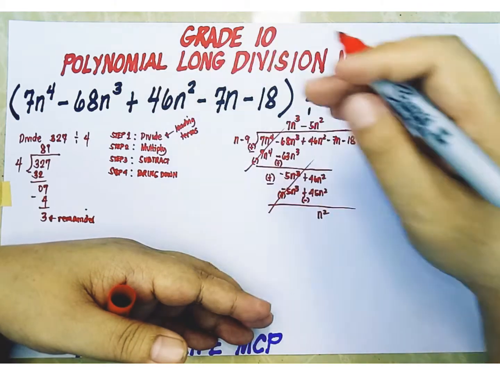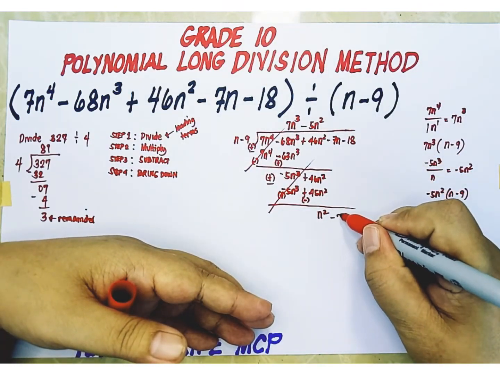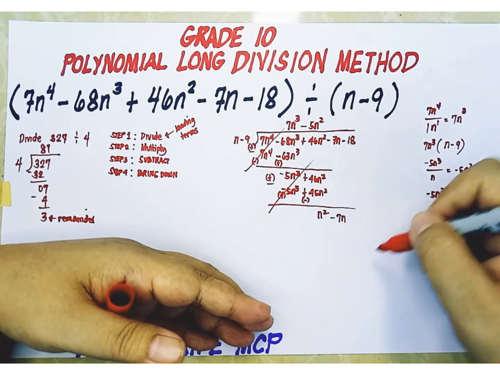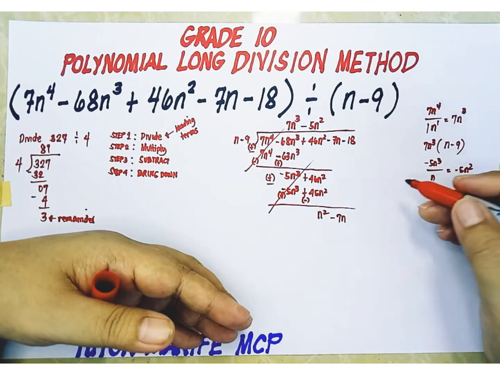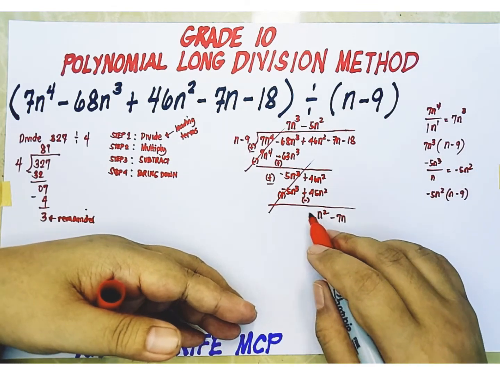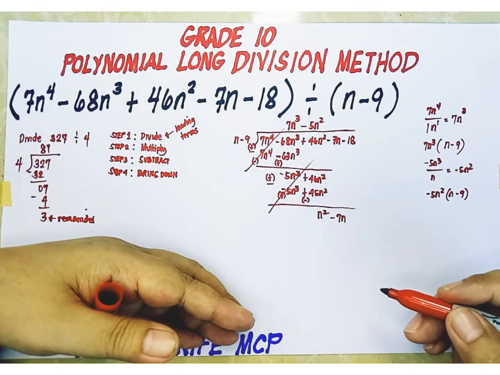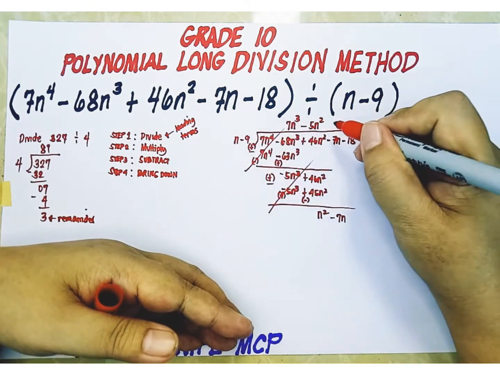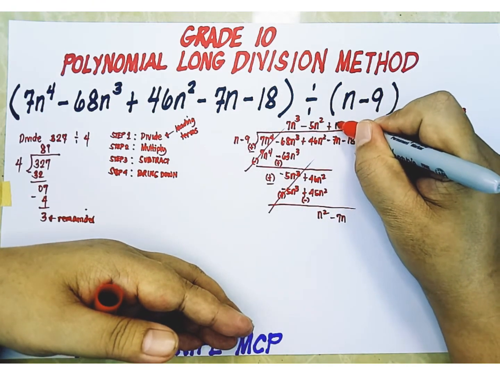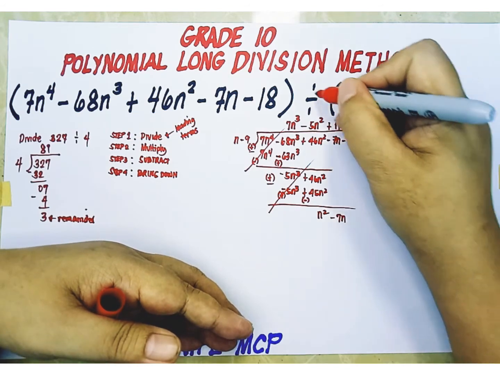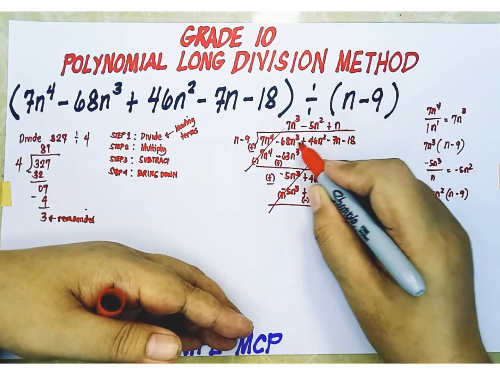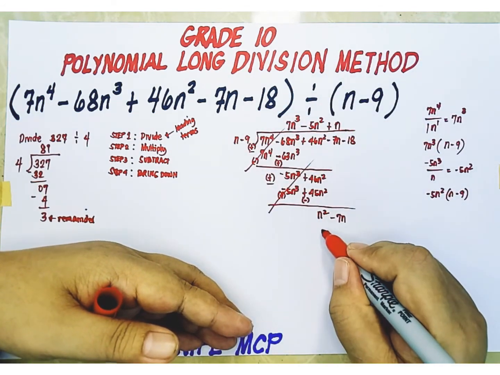Repeat the cycle. We bring down the next term. Repeat the cycle. Again, leading term divided by leading term. So n squared divided by n is positive n. Multiply n by the divisor n minus 9.